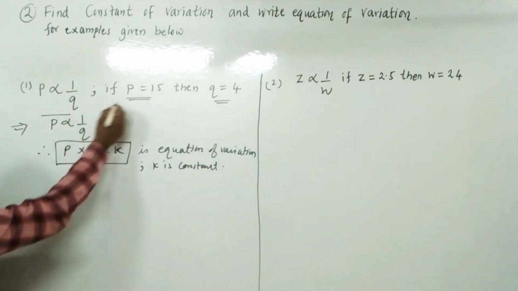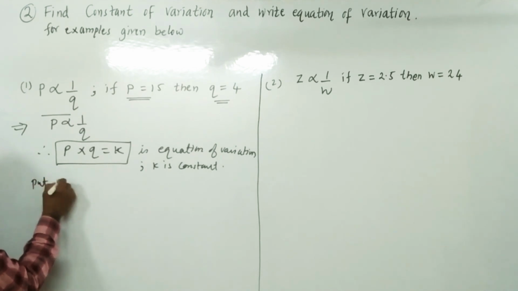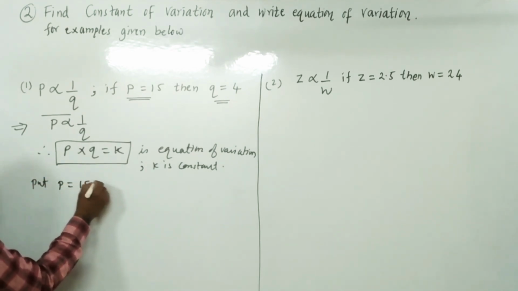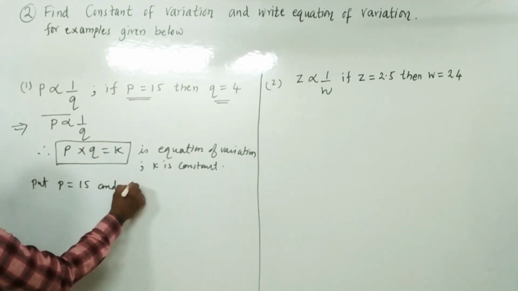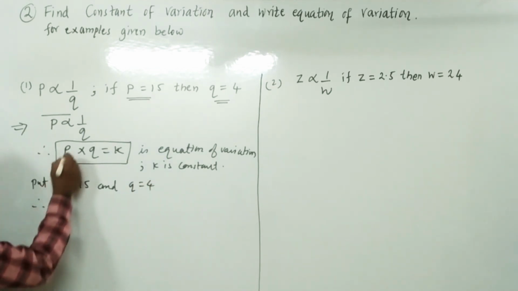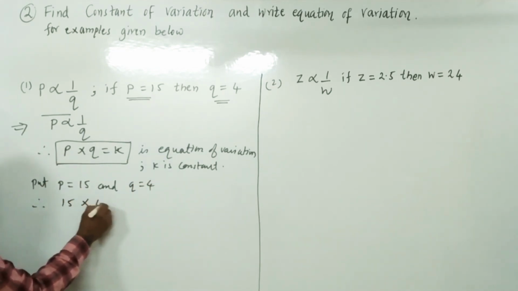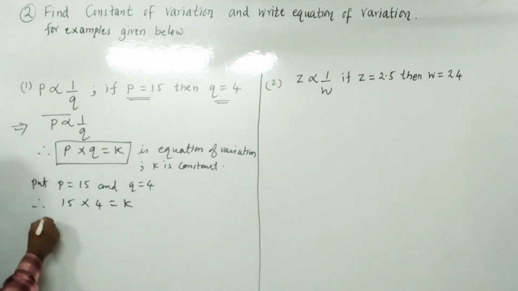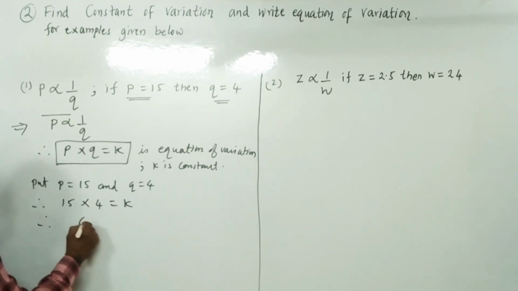Now in this equation put p equal to 15 and q equal to 4. Therefore we get p equal to 15 into 4 is equal to k. Therefore 15 fours are 60 is equal to k.